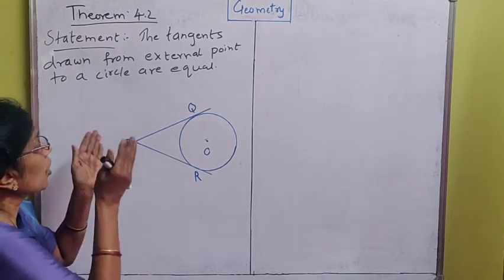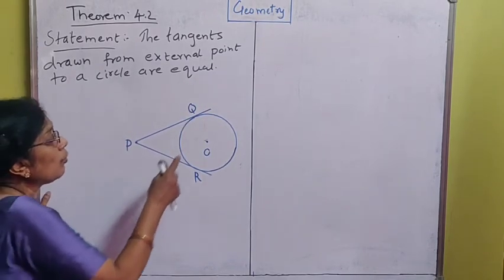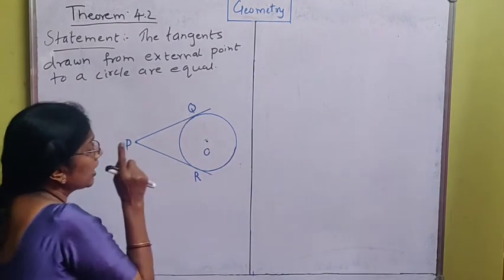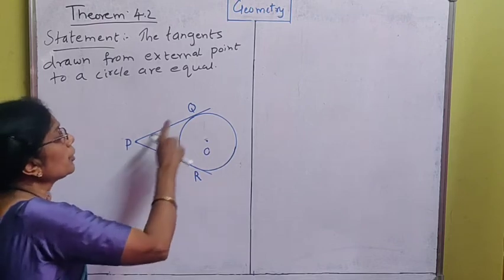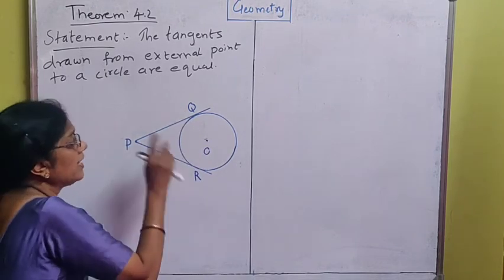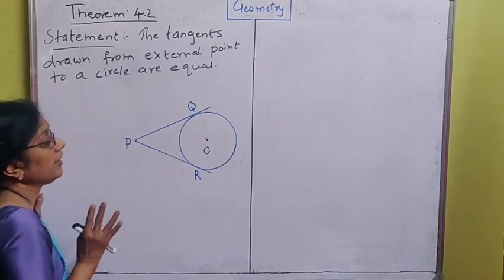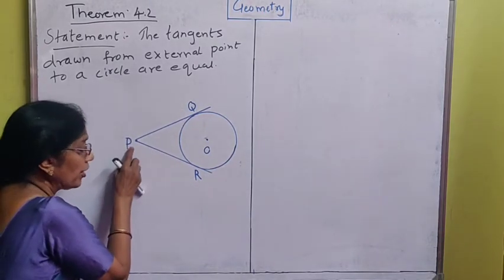So we have to draw the diagram. So O is the center of the circle. PQ and PR are the tangents drawn to the circle at Q and R respectively. So that is what is given over here. So you can see P is the external point.